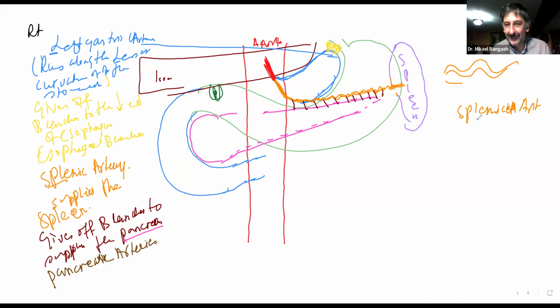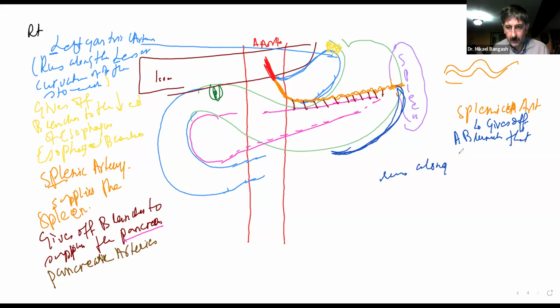It gives off a branch, and this branch is going to run along the greater curvature of the stomach.